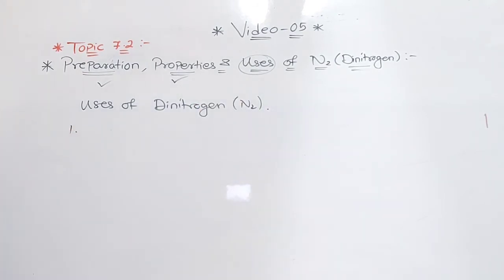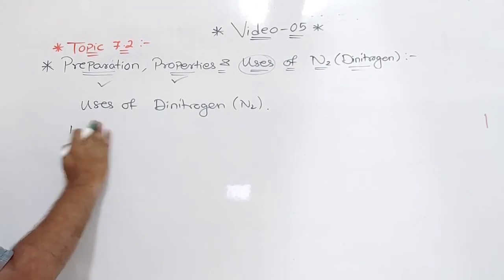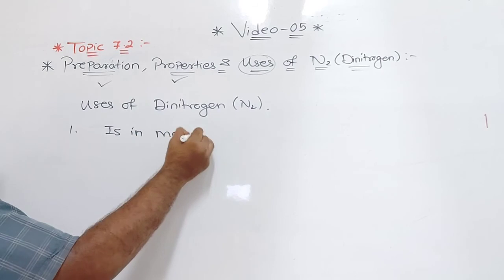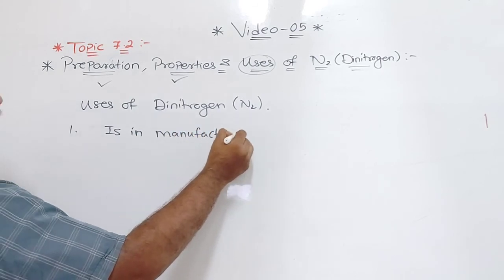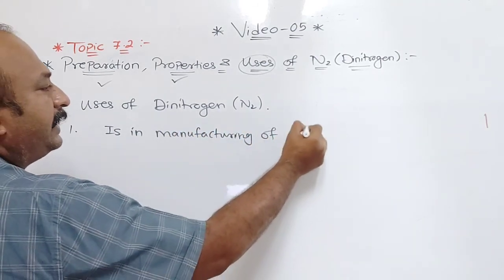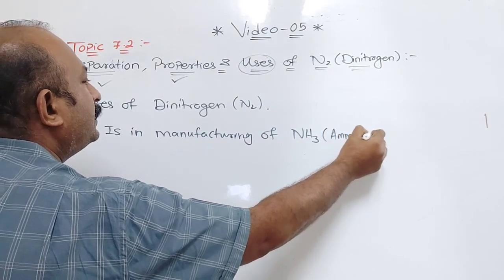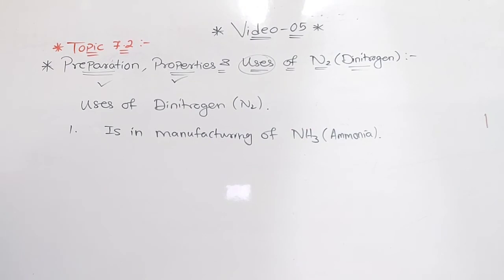The main use of dinitrogen is in manufacturing of ammonia, NH3. It is used in most of the fertilizers, ammonia and other industrial chemicals containing nitrogen.